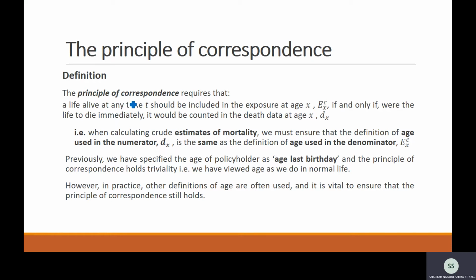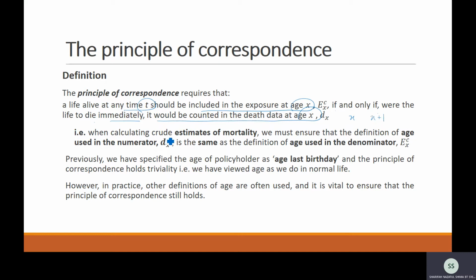The principle of correspondence requires that a life alive at any time t should be included in the exposure at age x if and only if, were the life to die immediately, it would be counted in the death data at age x, that is, the number of deaths between age x and age x plus 1.